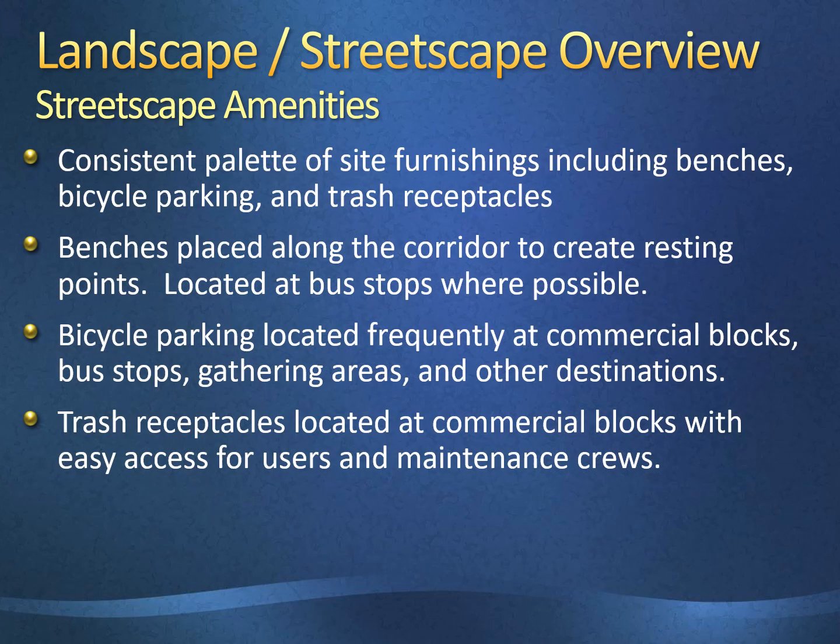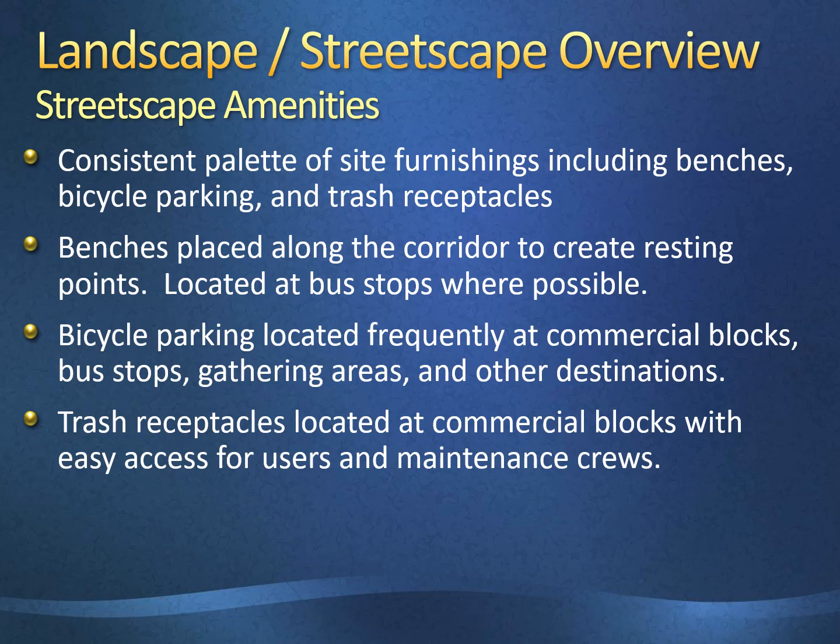And lastly, the streetscape amenities are another important aspect of our work. We're proposing a consistent palette of site furnishings, including benches, bicycle parking, and trash receptacles. Benches are placed along the corridor to create resting points and are located at bus stops where possible.